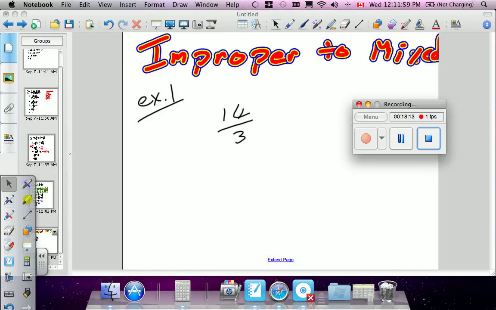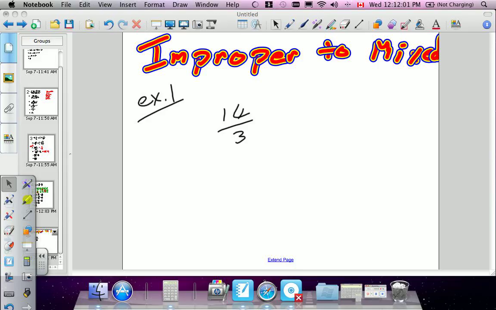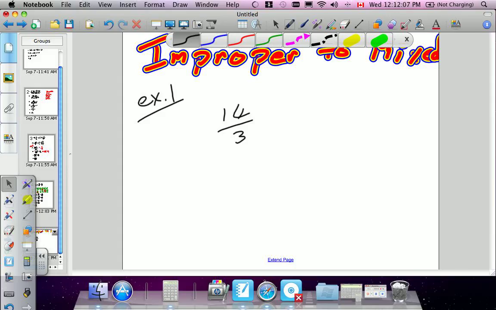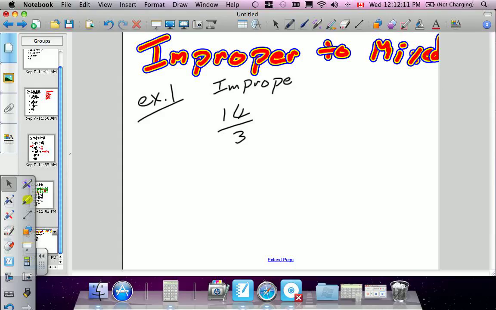Okay, I'm just going to quickly show you improper to a mixed. So, I have 14 over 3 right now. So this is an improper fraction. This is our improper. And I need to turn it into a mixed fraction. In order to do this, this question actually says 14 divided by 3.